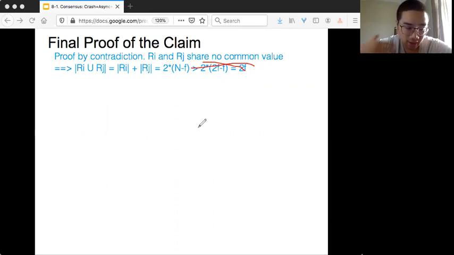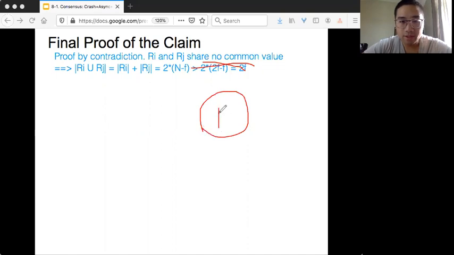So now let's think again, what is the meaning of Ri and what is the meaning of Rj? Forget about 2 times n minus f for now. Let's just say this is Ri, meaning all the nodes that have sent a message to i and i has received from them.